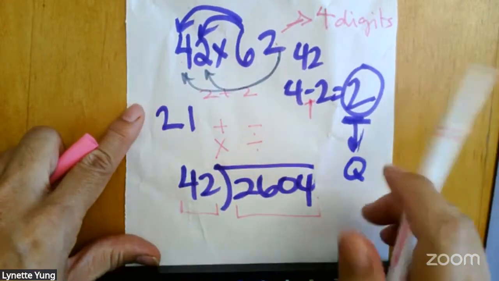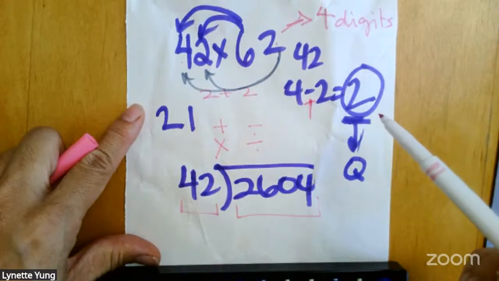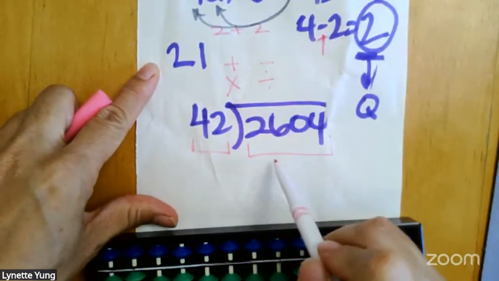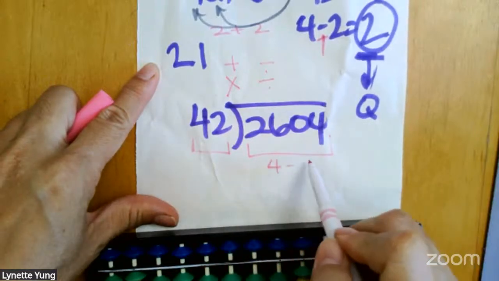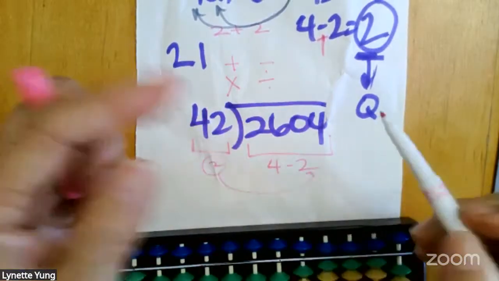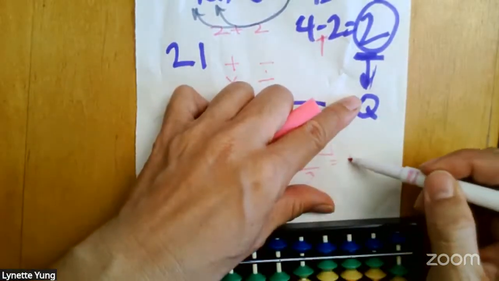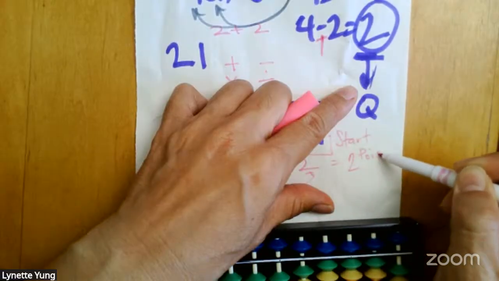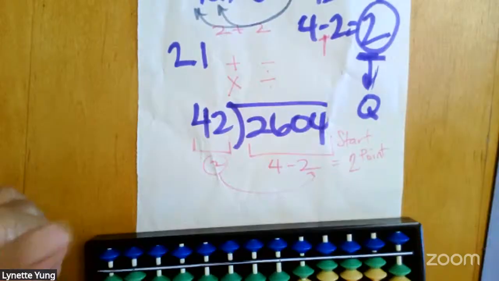So when we try to figure this out, 4 minus 2, this 2 goes on over here. So 2 is the starting point. The starting point is to critically think how big our number is going to be. That's all it is.